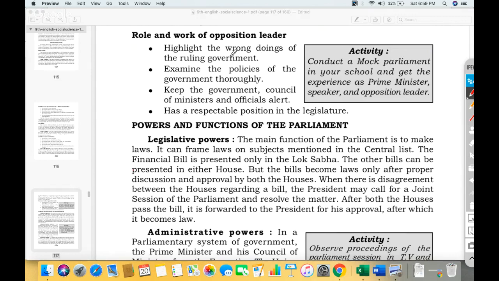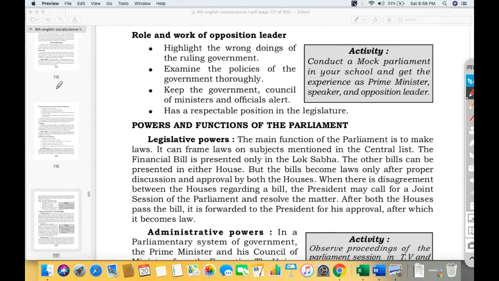Highlight the wrongdoings of the ruling government. So what is the role of opposition leader? Obviously they'll find faults in what government is doing. Whatever bills and policies government is bringing, they have to critically analyze those policies, keep the government council of minister and officials alert, and has a respectable position in the legislature.